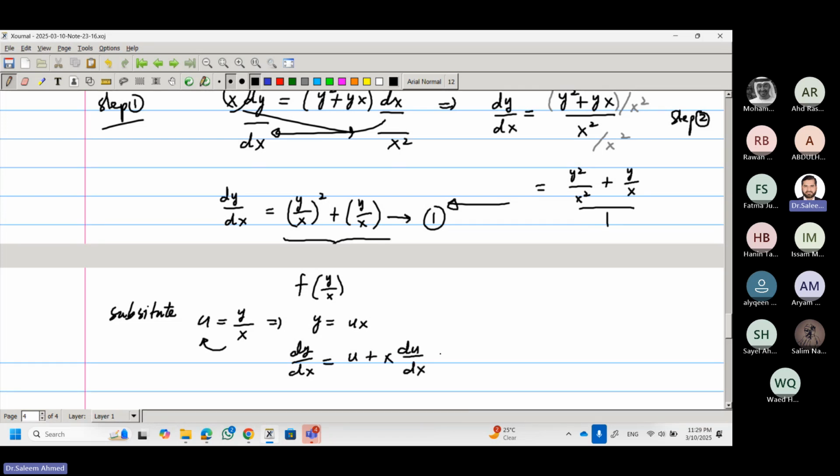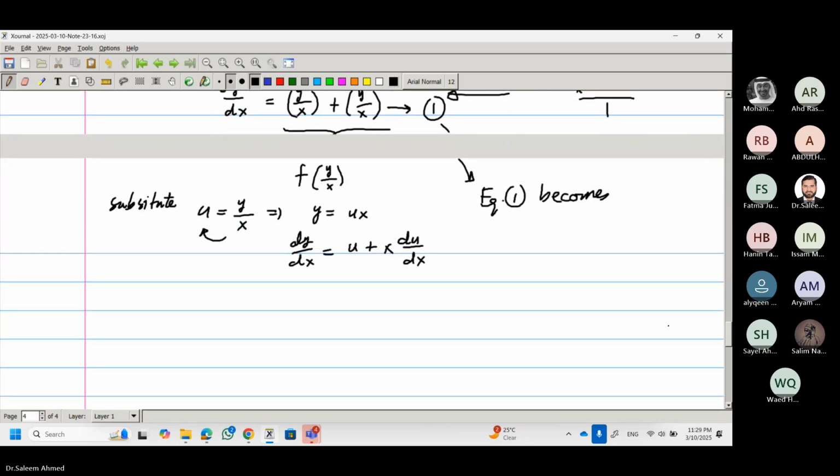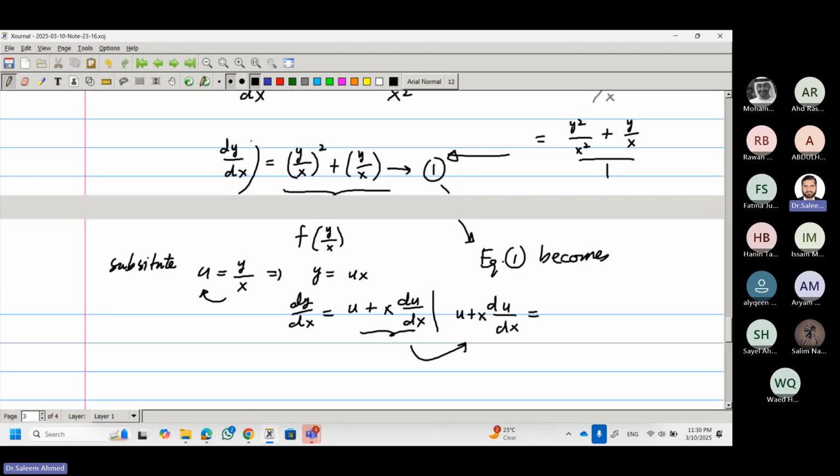And now replace it in equation 1. So your equation 1 becomes: dy by dx becomes u plus x du by dx. You see, dy by dx is this. So I replace it on the left because the left hand side is just dy by dx.